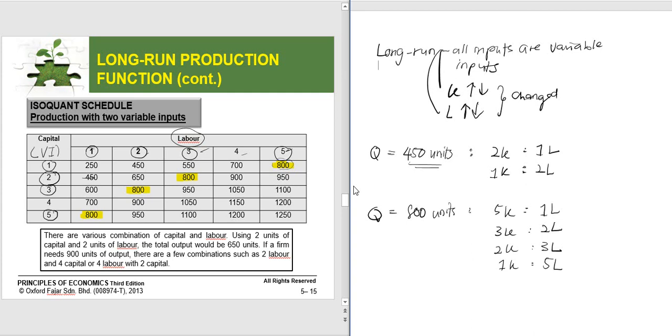If you use any of these four combinations, you will be able to produce 800 units of product. When you draw a graph later on and combine all these combinations, you will get a curve that we call the Isoquant curve.